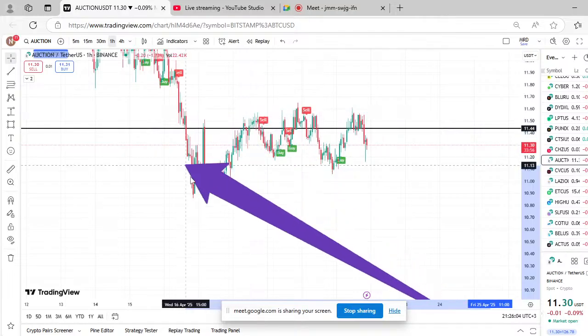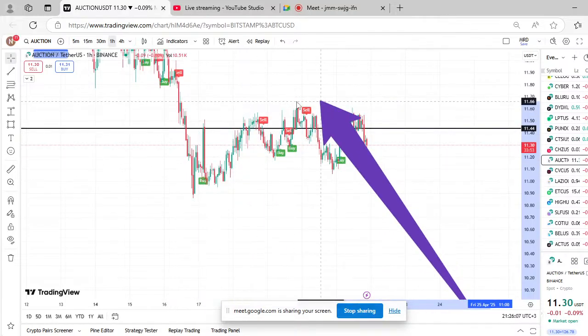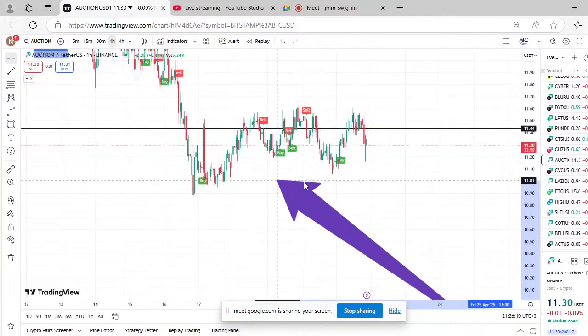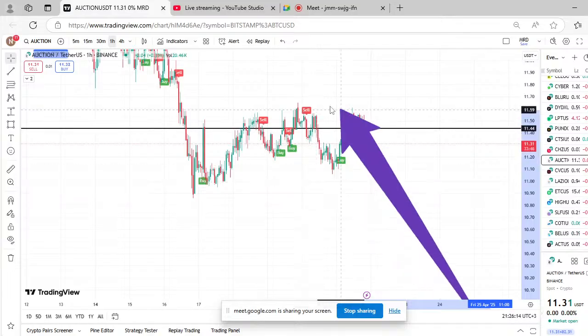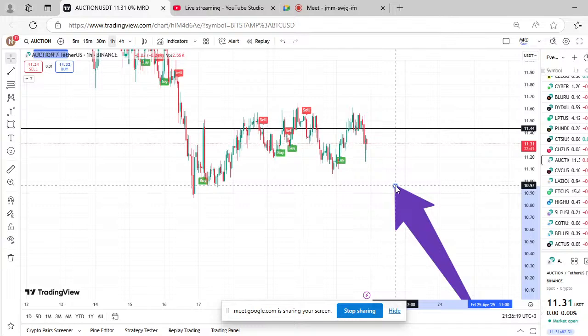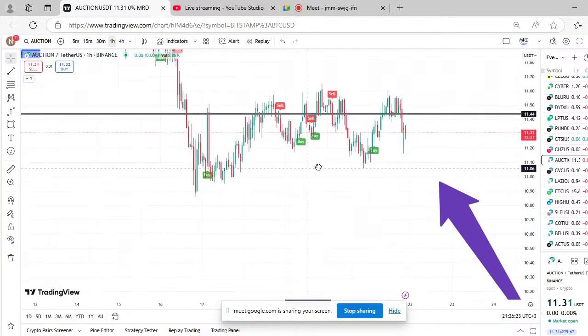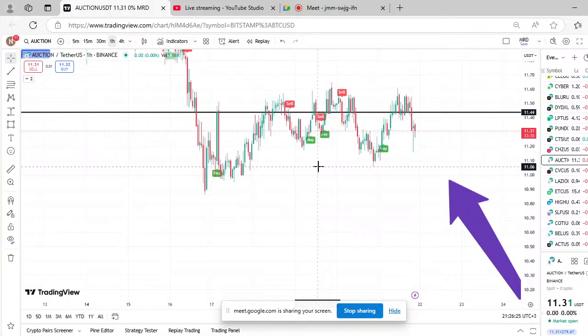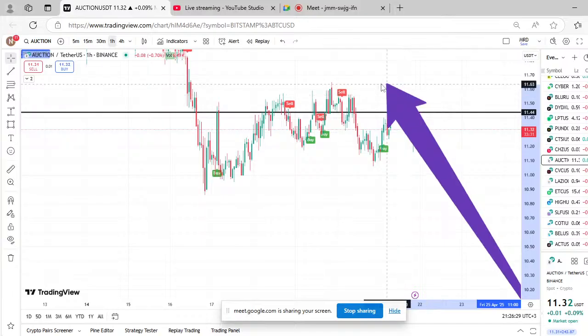What is this, guys? Can one explain to us? What are you seeing here? From here up to here, what are you seeing? It's a ranging market. On 1 hour, it is a ranging market. Why? We have equal highs. Are you seeing them?